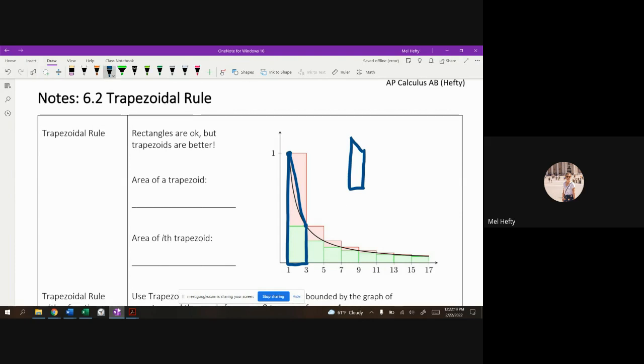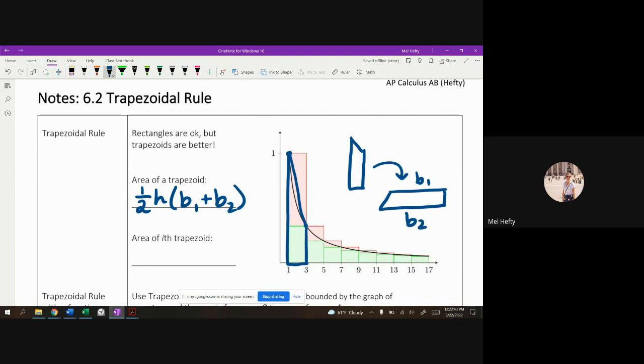So the area of a trapezoid, I'm going to give you a couple of ways to remember it. This is how it's normally written in textbooks: 1/2 height, base 1 plus base 2. I'm going to label where those things are. Normally we think of trapezoids as rotated, so their parallel sides are the bases. This would be our base 1, and this would be our base 2.